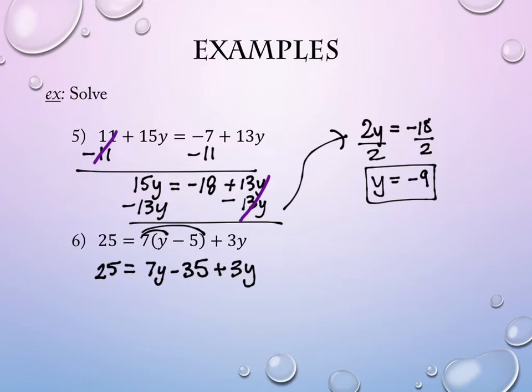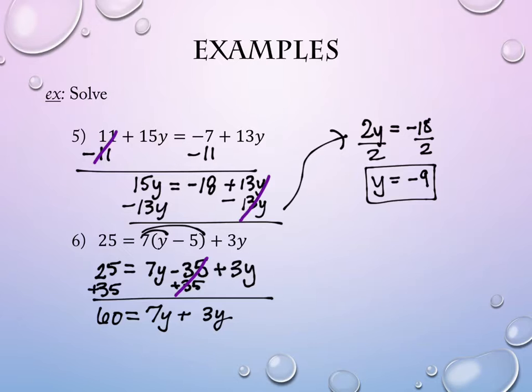Now what? A couple different options. Add 35. Okay, we can add 35, you bet. What is 25 plus 35? 60. It is 60. So in the middle here, these add to 0. Now I have 7y plus 3y. Now what?